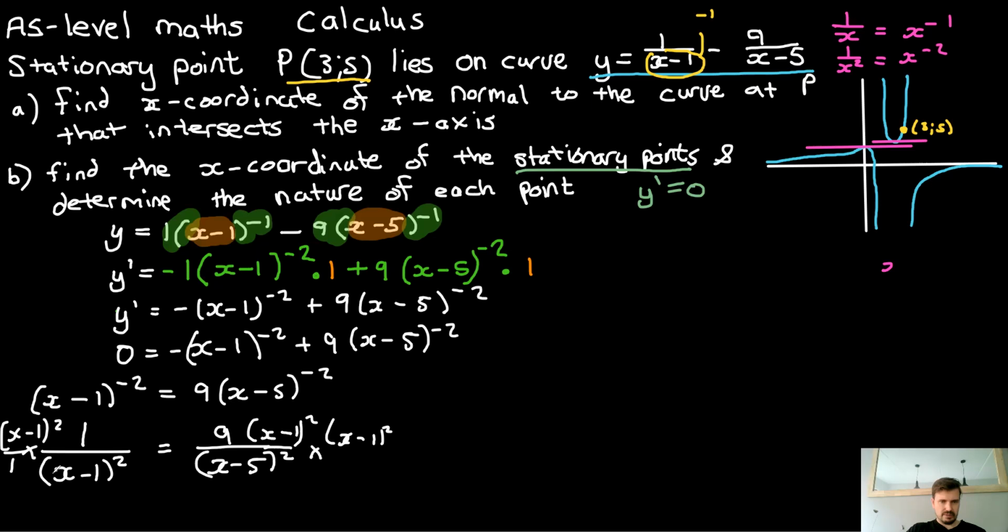And so this would just be 1 equals. And then if I wanted to get rid of the (x minus 5) squared at the bottom, I would then times both sides by (x minus 5) squared. And of course, then they would cancel on this side, and we would have 1 times (x minus 5) squared on both sides. And so I'd have the denominator on both sides removed.